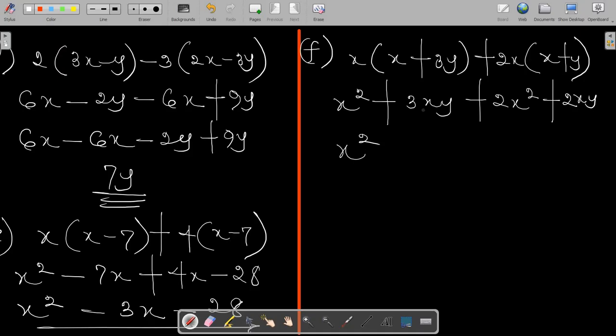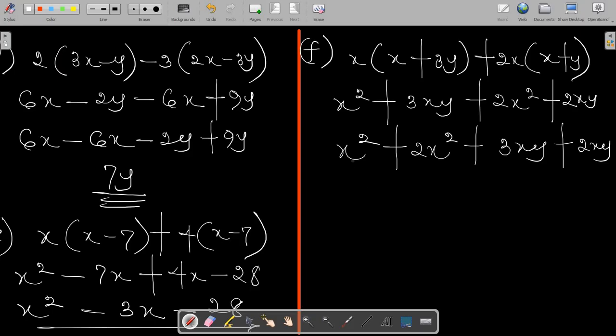Oh, where are the like terms? x squared and 2x squared, they are like terms. So I'm going to have it plus 2x squared. Let's collect them together. You can see this one is having xy here, this one is also possessing xy. So I will now join them together as like terms, 3xy plus 2xy.